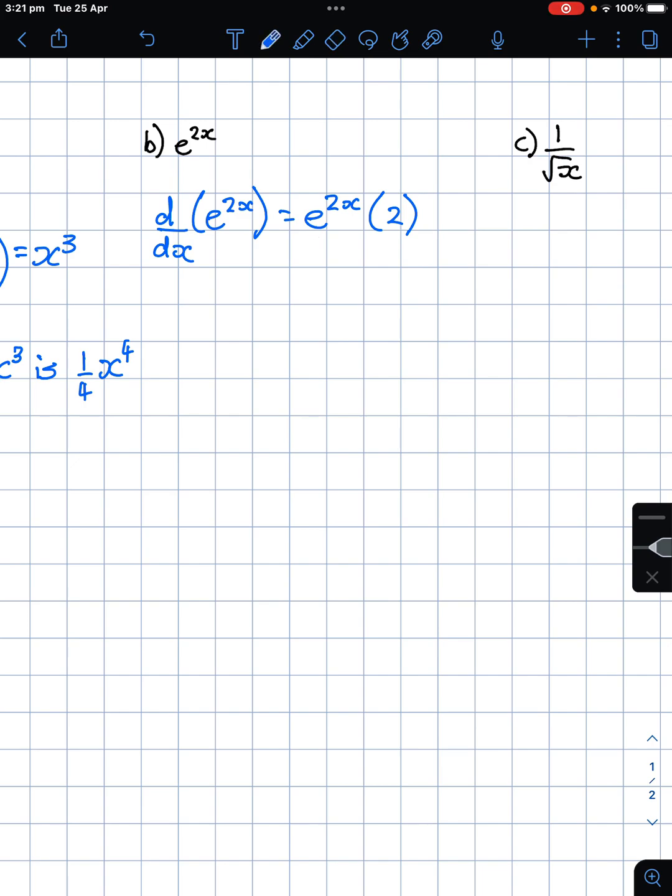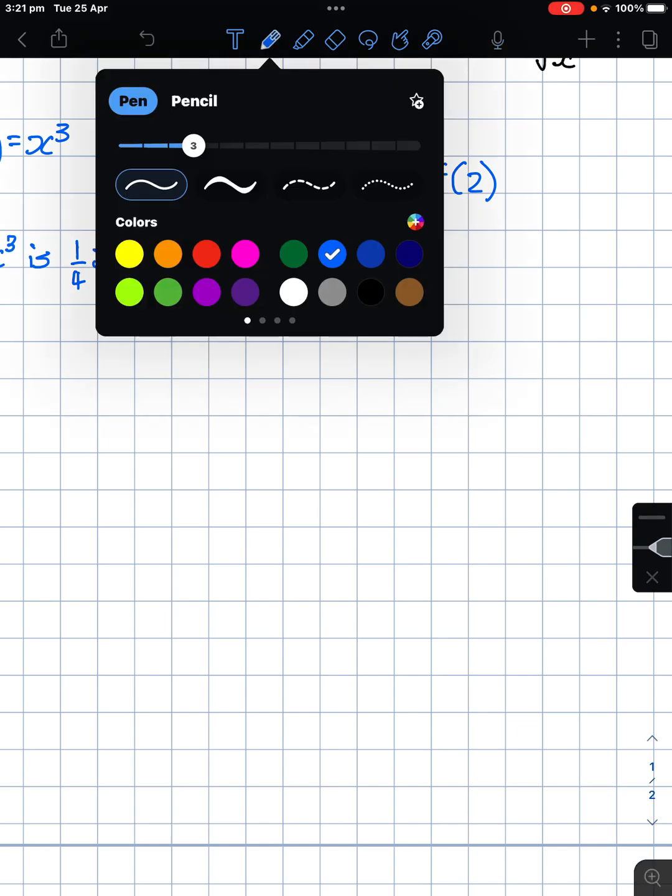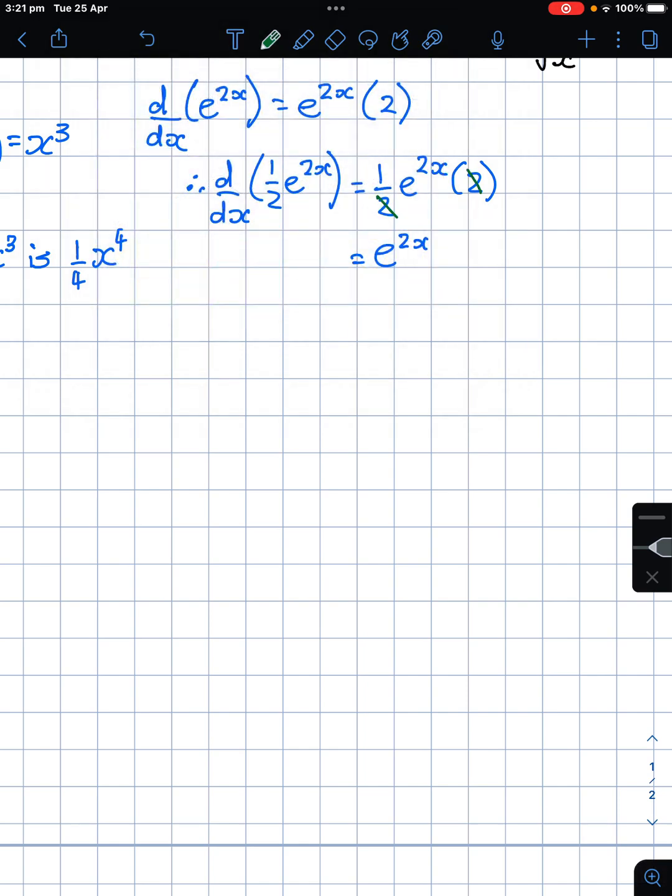So what we're going to do here is, if I times this by a half, that should fix the problem. The derivative of 1/2 e to the 2x will be times 2, which is going to equal e to the 2x, because the 2 and the half cancel there.